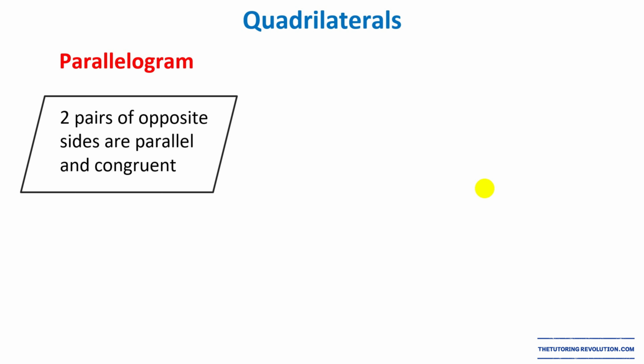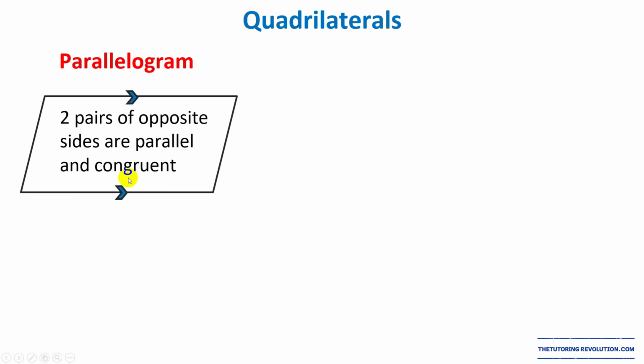In a parallelogram, we have two pairs of opposite sides that are parallel and congruent. Like these two sides are congruent, you see, I label them with blue, both of them. They will have the same length. And they are also parallel.